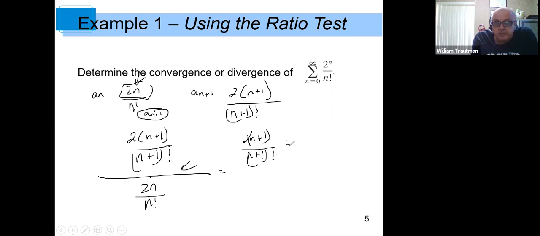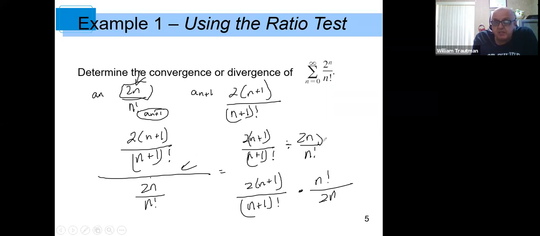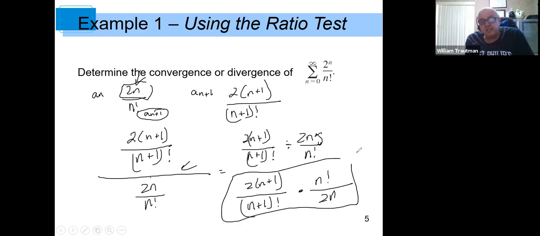And then you can rewrite it. When you divide fractions, you change it to multiply and flip the second fraction. This fraction gets flipped. So this is where we're at.